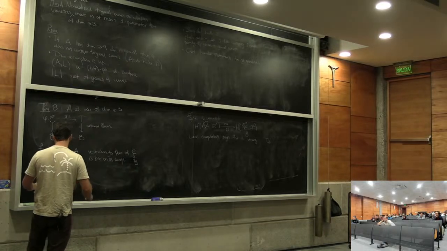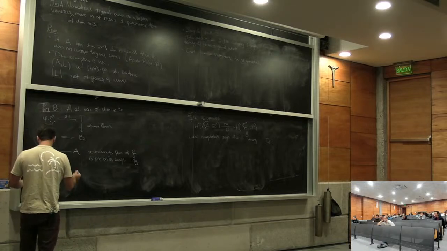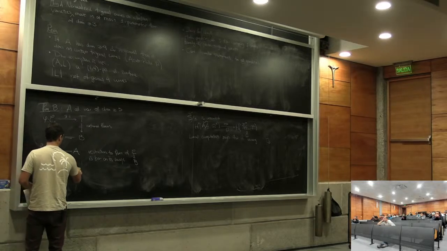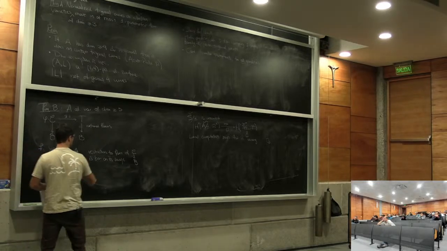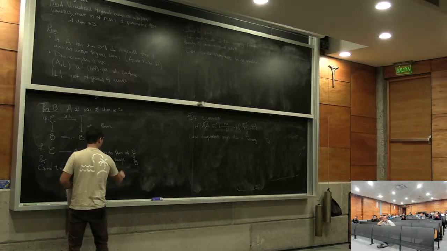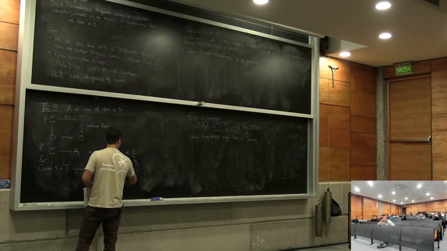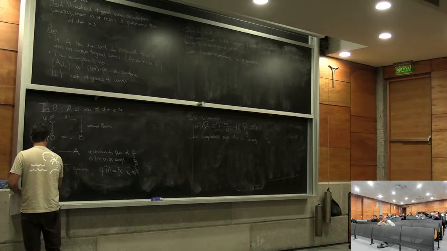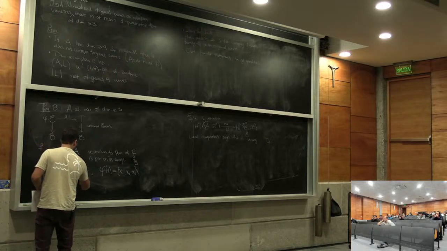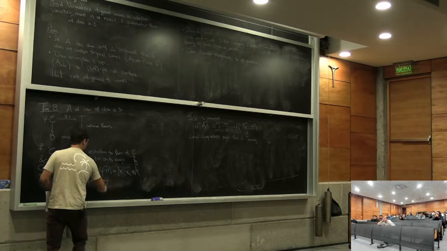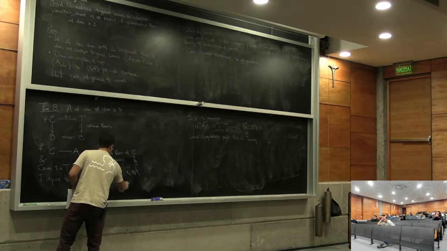I require that given T and T generic, if phi inverse of T is equal to x1, x2, x3, I require that f of x1 plus f of x2 plus f of x3 is equal to 0.